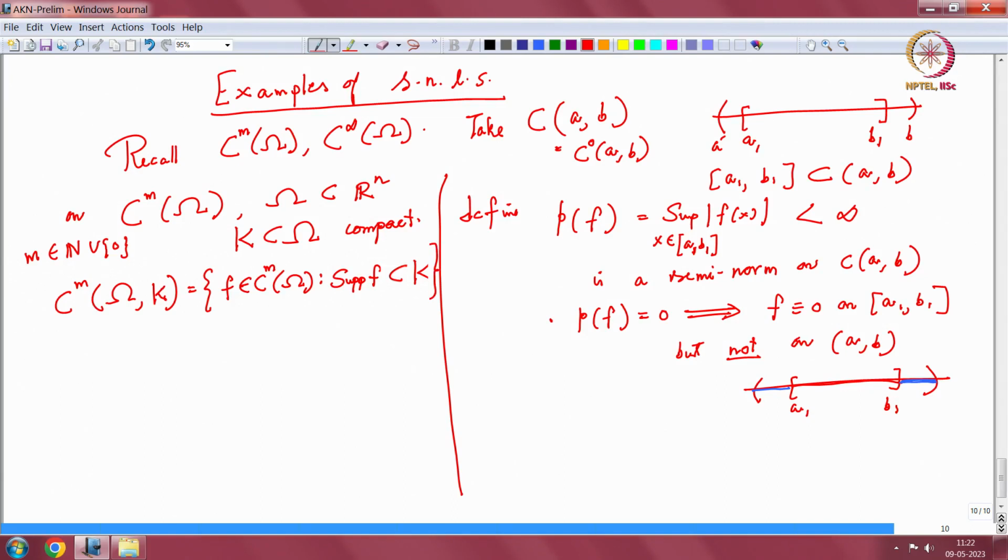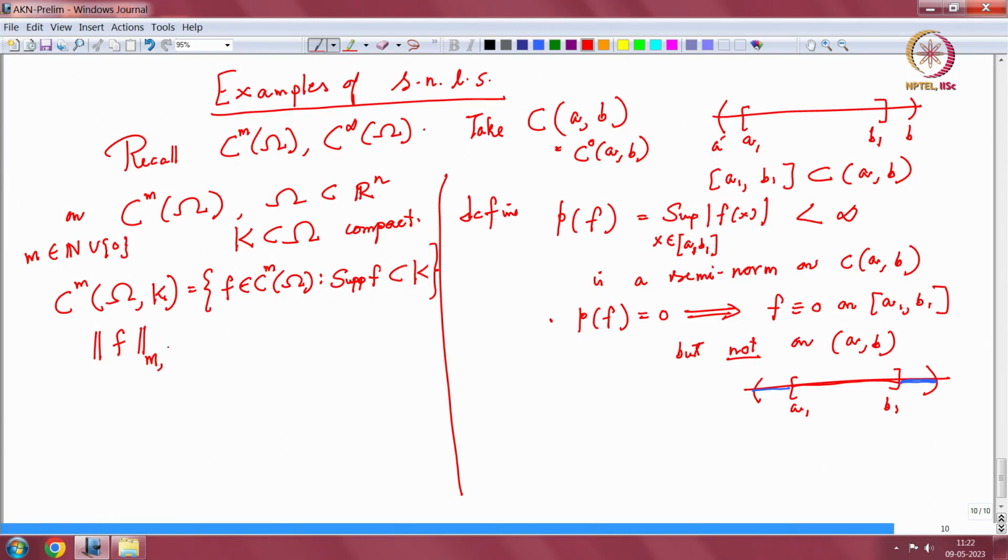On this I can define a norm because K is compact. So, the support is only in K. I can define the norm of f at m to make it precise.